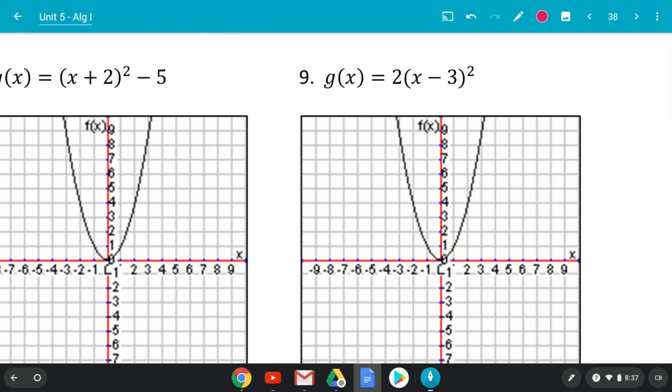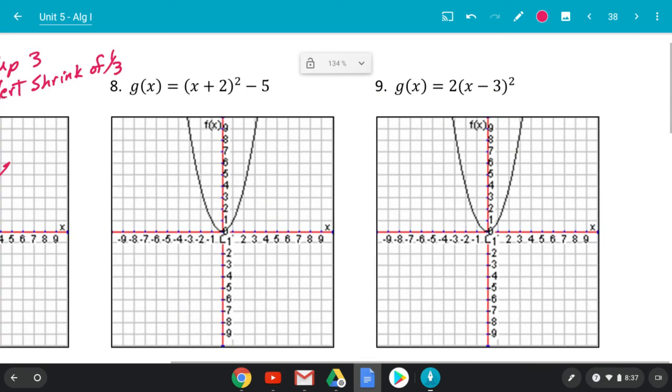Number 9. I see this 3. It's on the inside, which makes it a horizontal shift. It's going to go right 3. And then this is on the outside. So since it's on the outside, it makes it vertical. It's going to stretch 2.